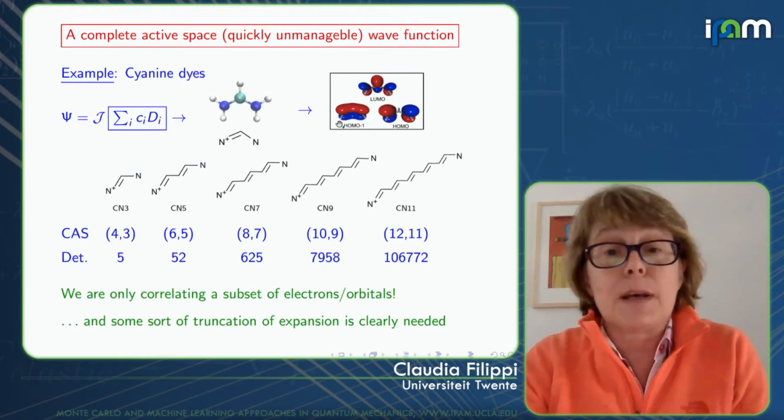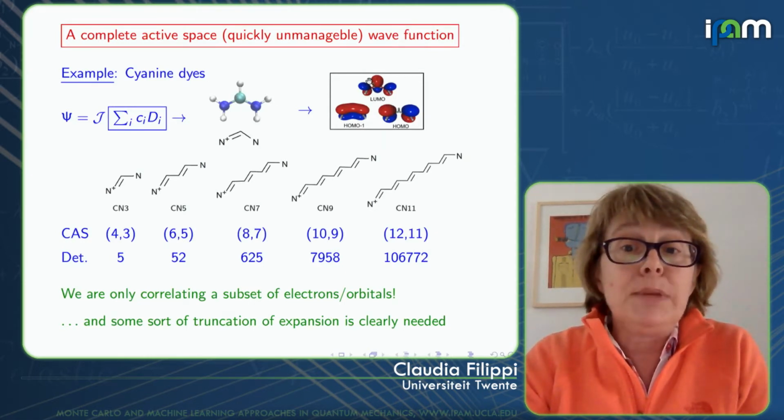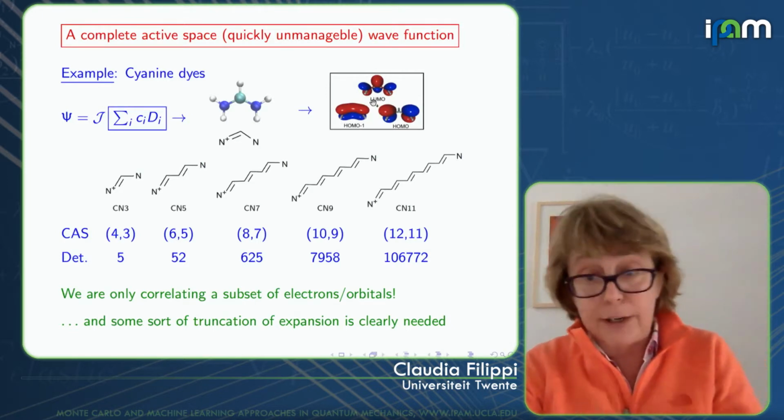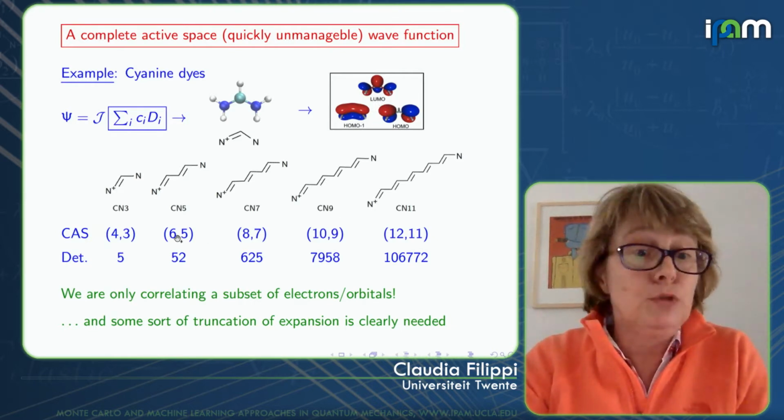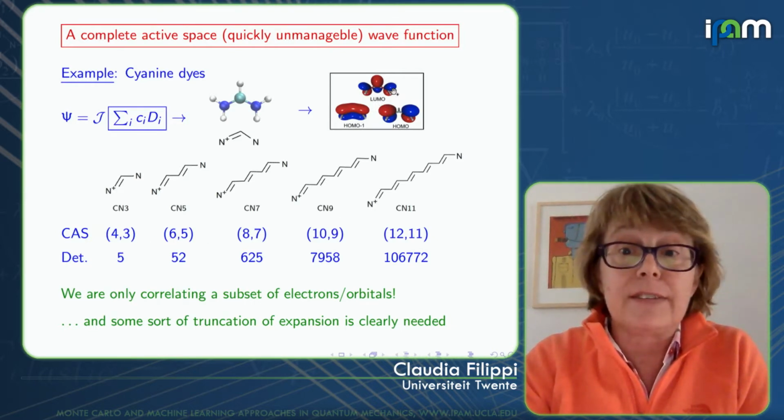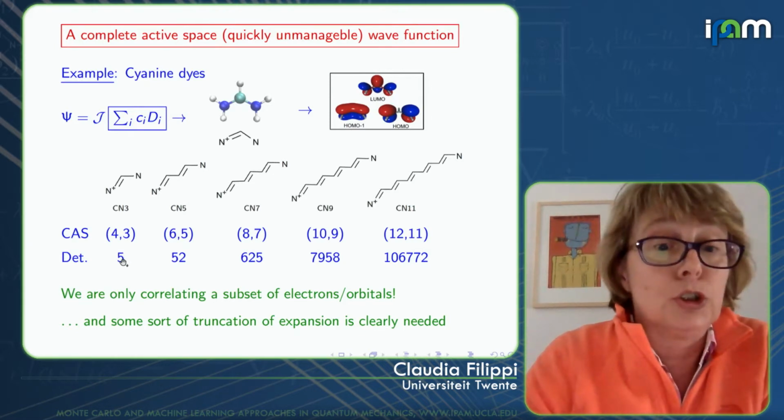So here you have a pi to pi star excitation. You have two occupied pi and unoccupied orbitals, which you can build out of 2p. And therefore you will have 4 electrons in 3 orbitals, in a total of 3 determinants.